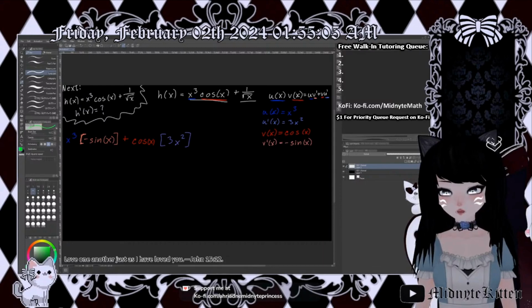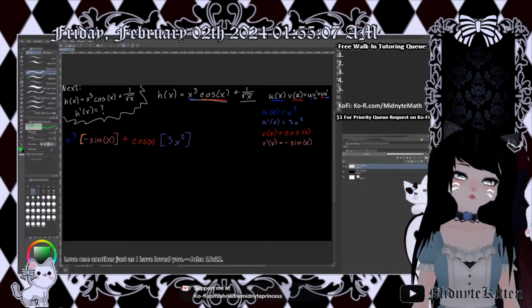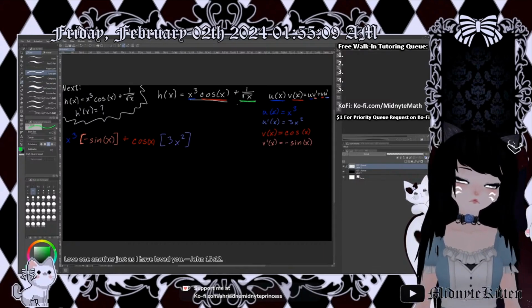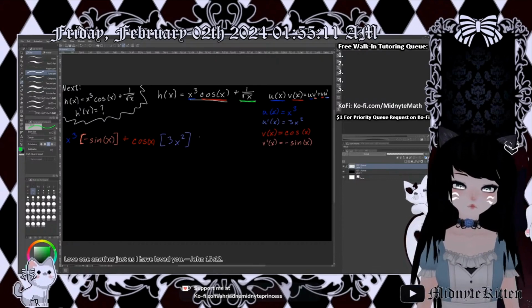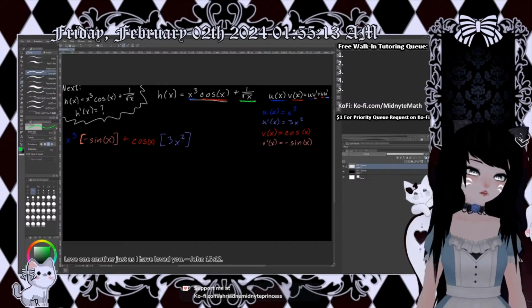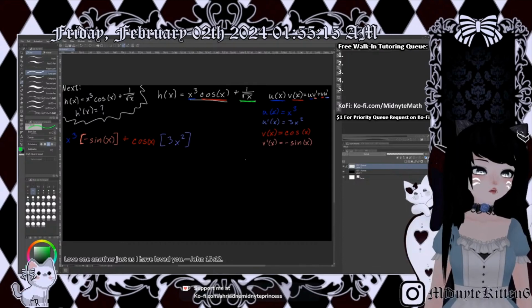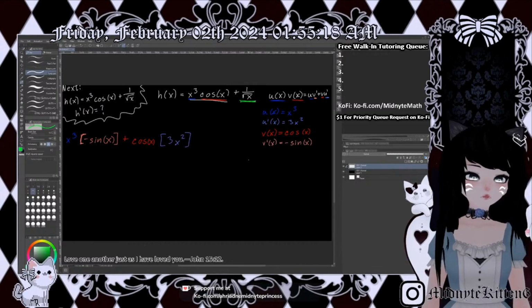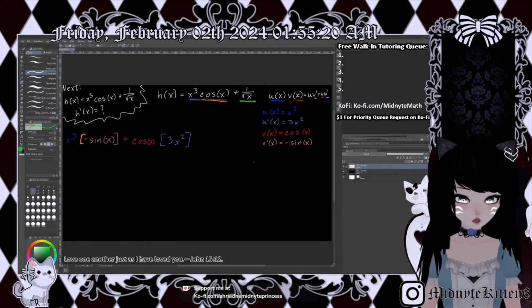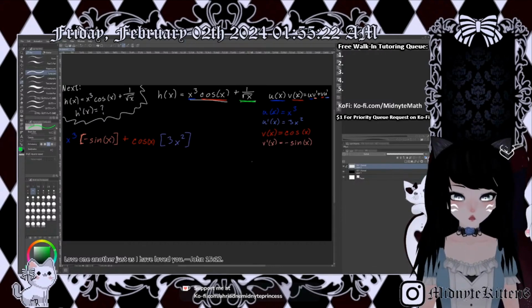Make this one green. So the derivative of this, let's see, how are we going to do this? Honestly, what I would probably do is change it into an exponent.